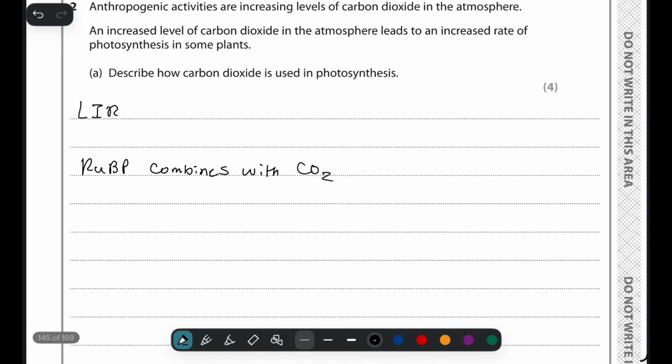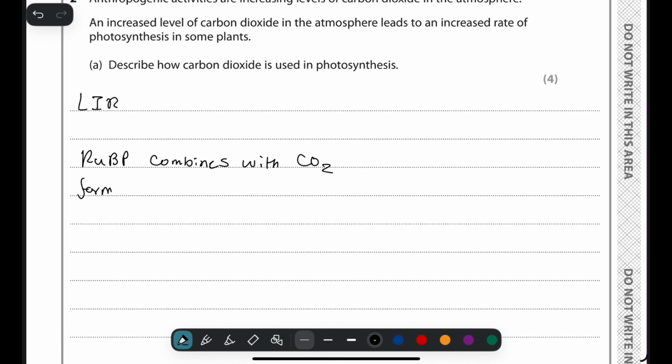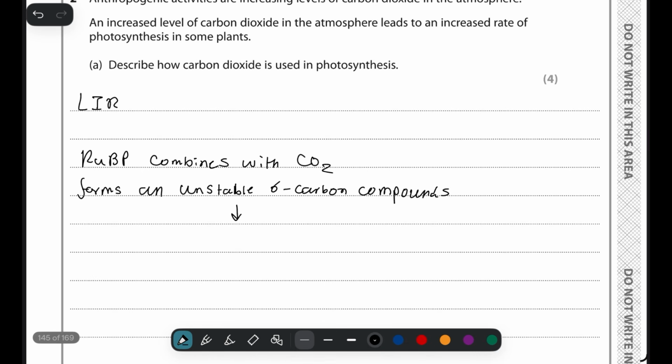So we're saying it forms an unstable 6-carbon compound, which breaks down into GP molecules. And just for emphasis, we're going to say 2 lots of GP molecules. Now, I've mentioned a couple of points there.